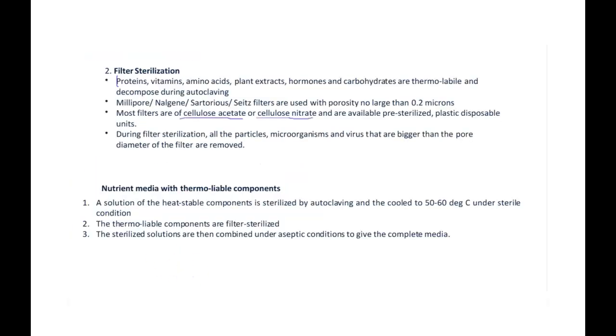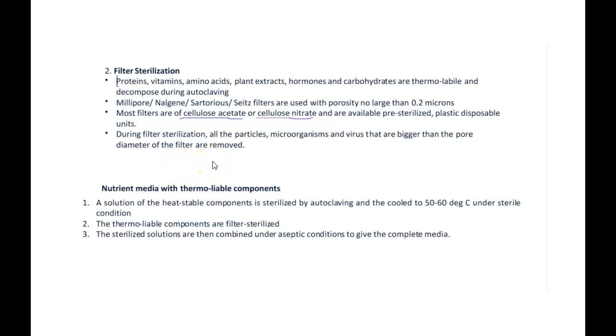In case of filter sterilization, proteins, vitamins, and amino acids, which are heat labile, can be sterilized using filters. Millipore, Nalgene, or similar filters are used with porosity no larger than 0.2 microns. Most filters are of cellulose acetate or cellulose nitrate and are available as pre-sterilized disposable plastic units.